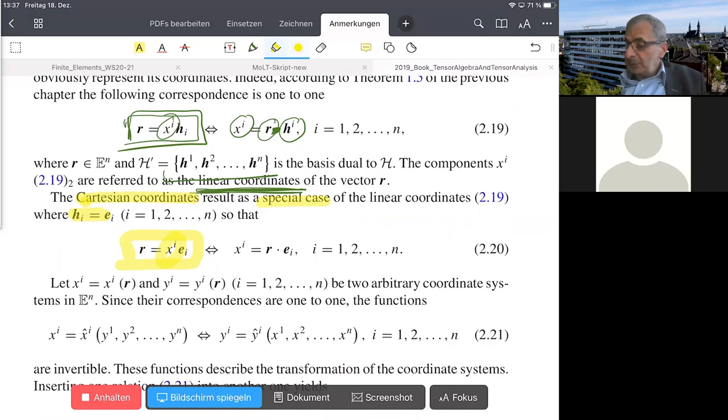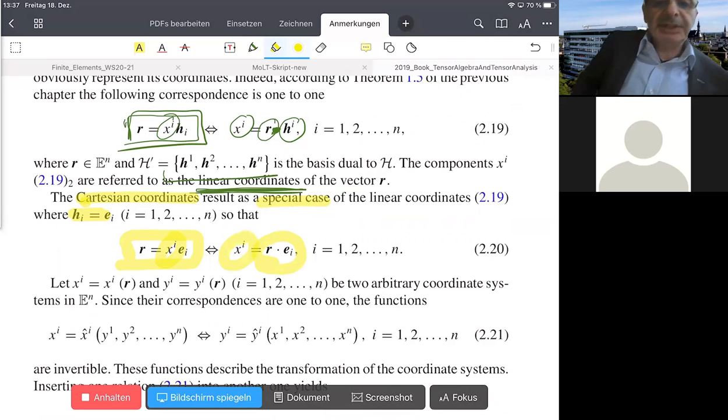And vice versa, if I take a scalar product of my vector r with these unit vectors, I get the corresponding Cartesian coordinates. A very important special case of coordinate systems called Cartesian coordinates. So, clear questions?